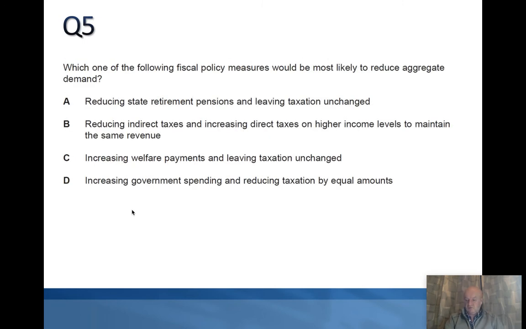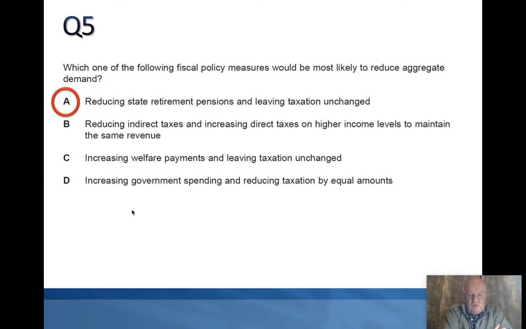Let's take a look at question 5 then. Which one of the following fiscal policy measures would be most likely to reduce aggregate demand? That would be reducing state retirement pensions and leaving taxation unchanged.